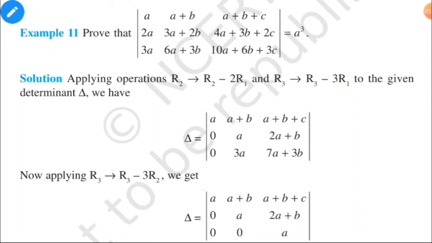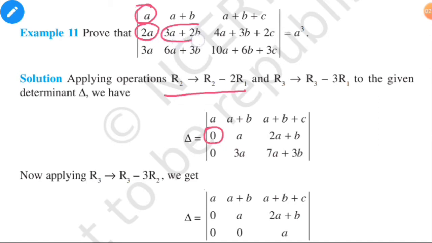Now we are going to apply the first operation, R2 changes to R2 minus 2R1. Here R1 is a and R2 is 2a. So 2a changes to 2a minus 2 into a, so the first element in R2 will be 0. And what is the second element?